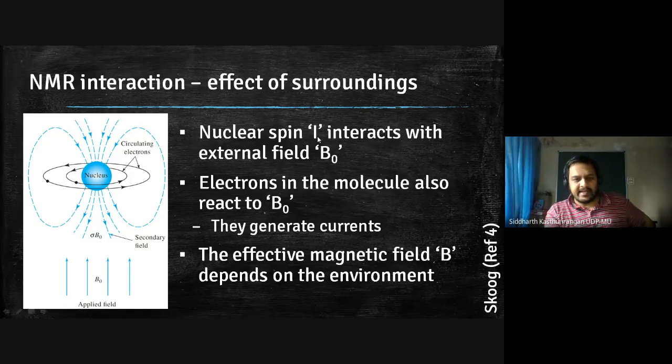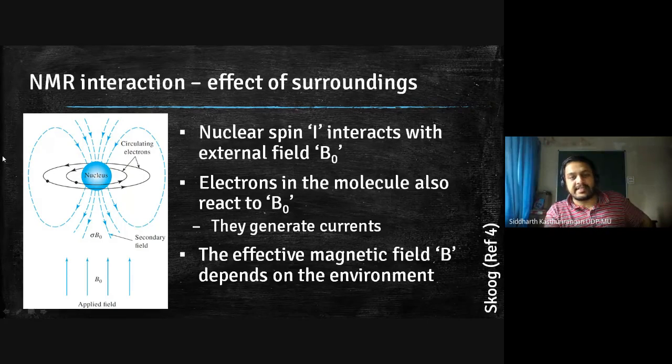The nuclear spin interacts with external field B0, but the electrons in the molecule also react to B0 and they generate currents. Due to that current, there will be a secondary magnetic field which you can write as sigma times B0. So the effective magnetic field B is actually B0 plus or minus sigma B0, depending on what direction the electrons create the secondary currents. And the effective magnetic field thus depends on the environment.